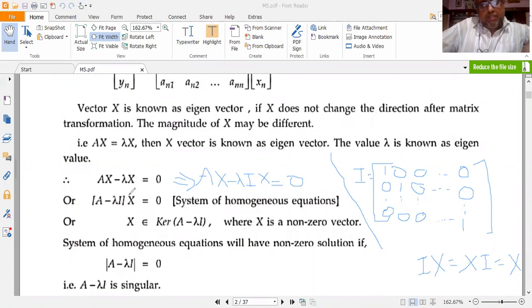You may ask, sir, why should I write lambda x as lambda I x? Because lambda is a scalar, and that is multiplied by a matrix. So if I want to take x to be the common factor, then I should have an identity matrix here. I cannot take (A minus lambda) into x is equal to 0.